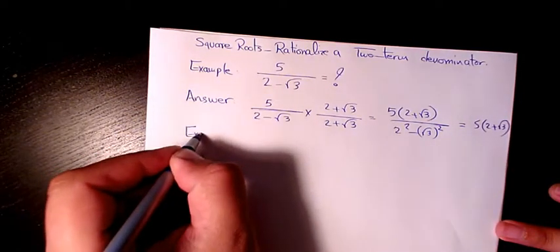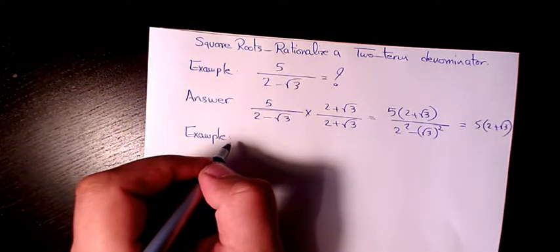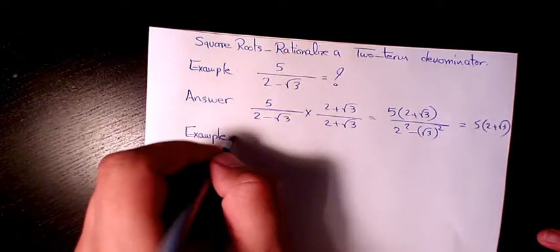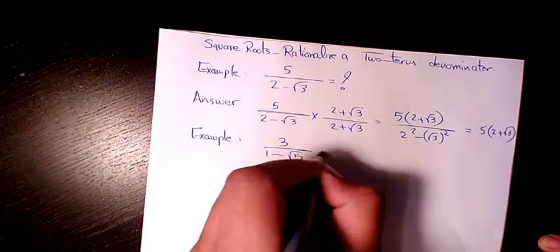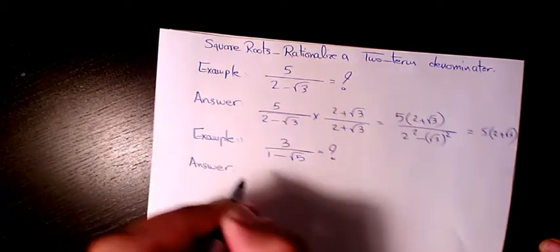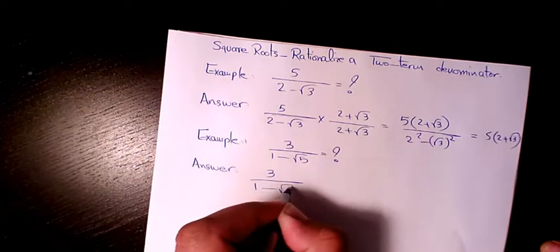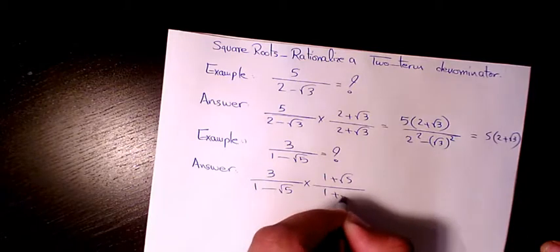Next example is 3 over 1 minus root 5. The answer is 3 over 1 minus root 5 times 1 plus root 5 divided by 1 plus root 5.